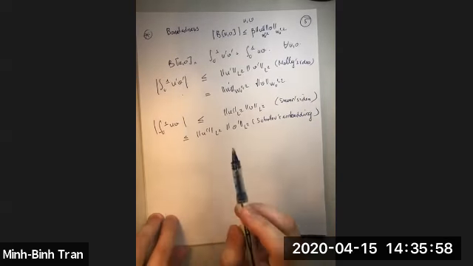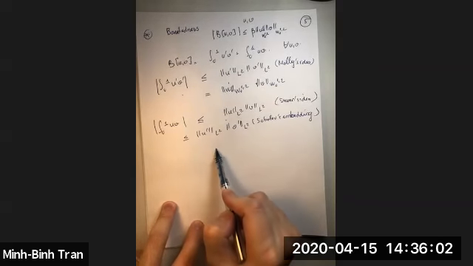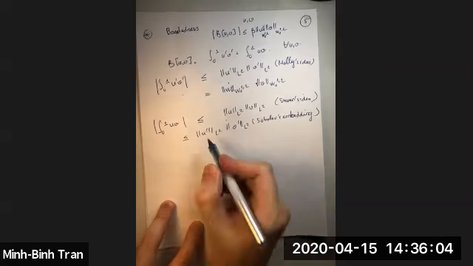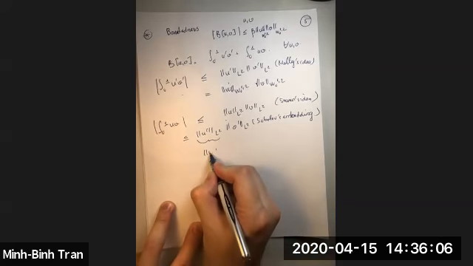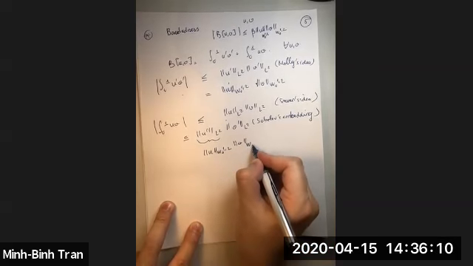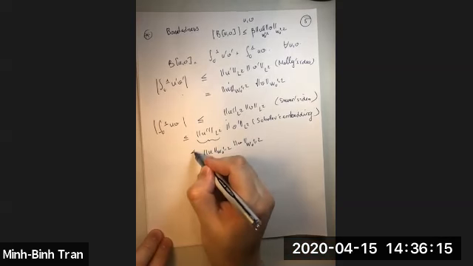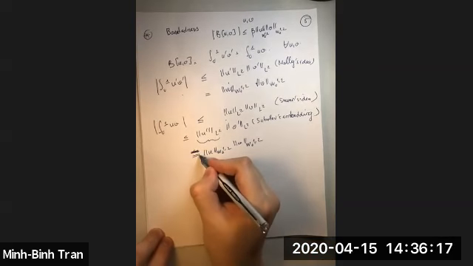Using the embedding theorem, we have that the L2 norm of U is smaller than the L2 norm of U prime. But the L2 norm of U prime is nothing but the W012 norm.